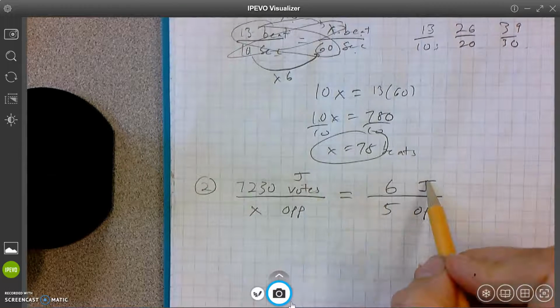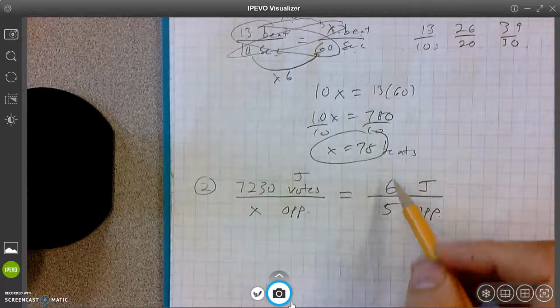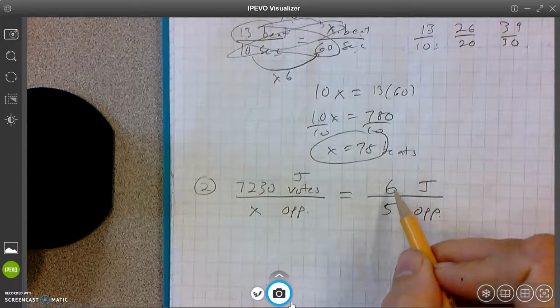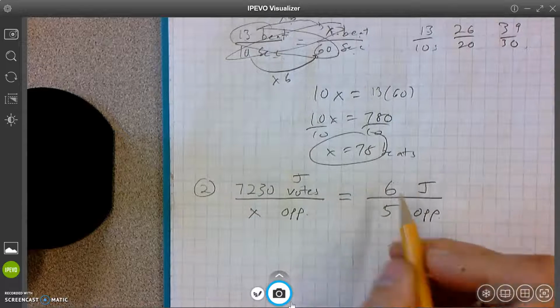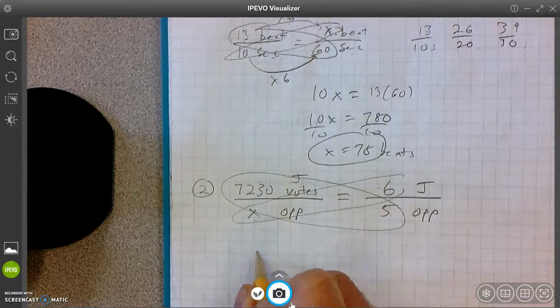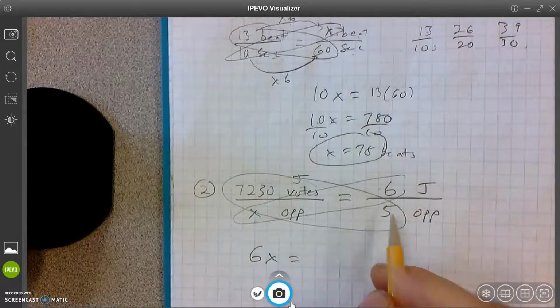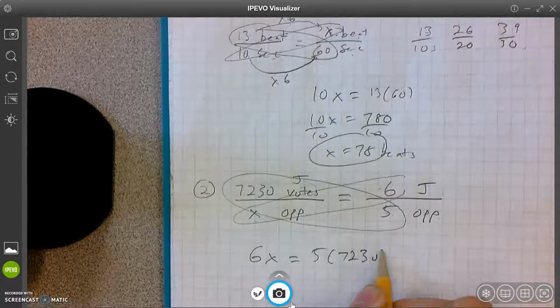So Justin and Justin across from each other, opponent and opponent. So 6 to 5. When it says that, it doesn't say exactly which is the 6 and which is the 5. You should go by what's said first and what's said second. So Justin is said first. Okay, now let's solve. 6 times x is 6x. 5 times 7,230. Bam.